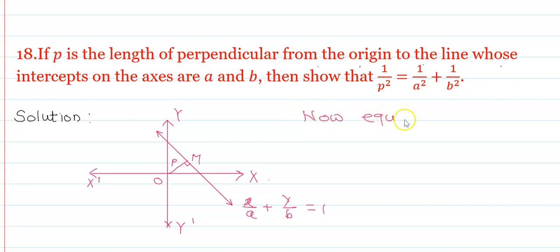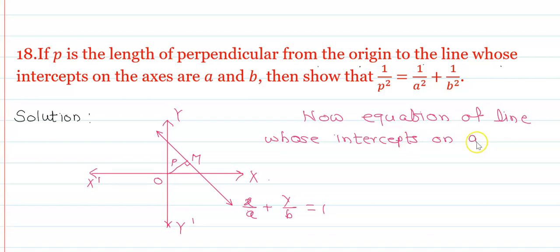Now the equation of the line whose intercepts on the axes are a and b is x upon a plus y upon b is equal to 1.